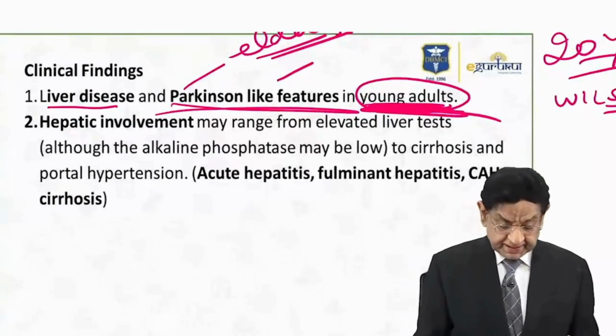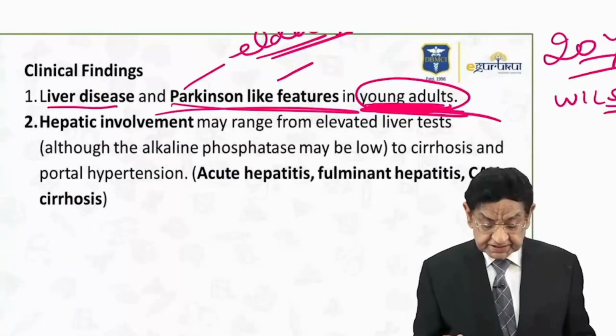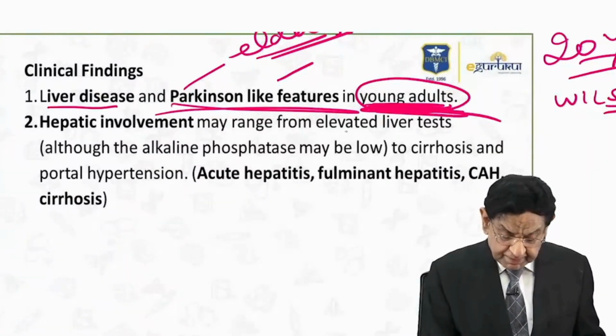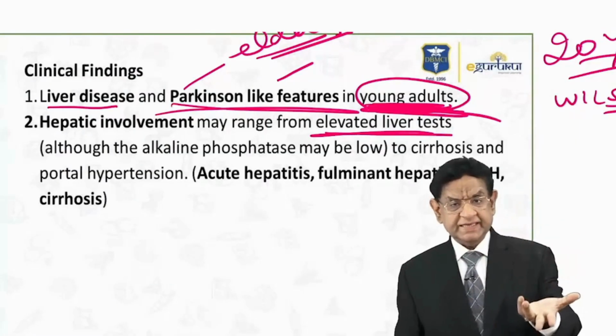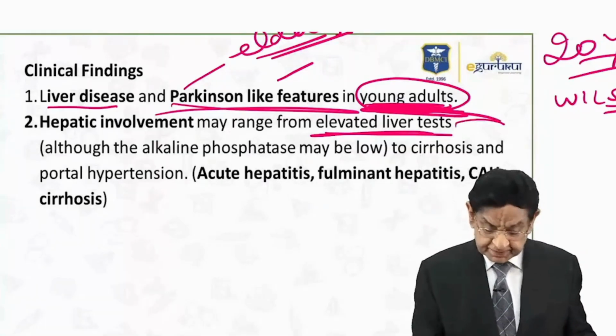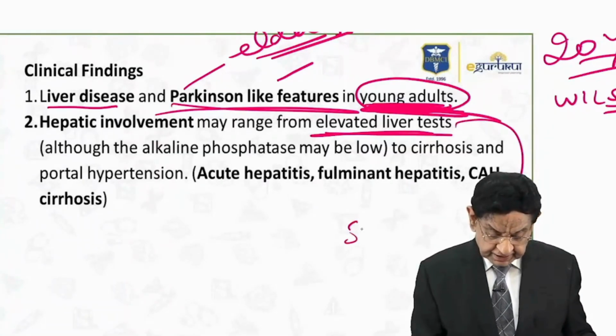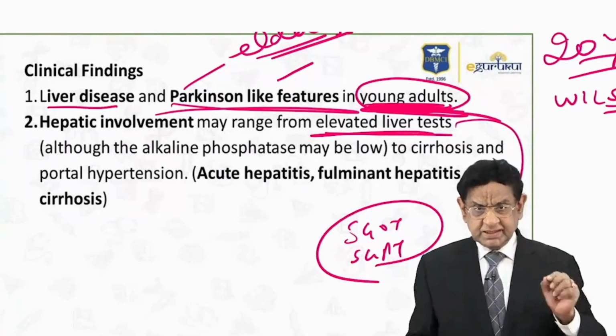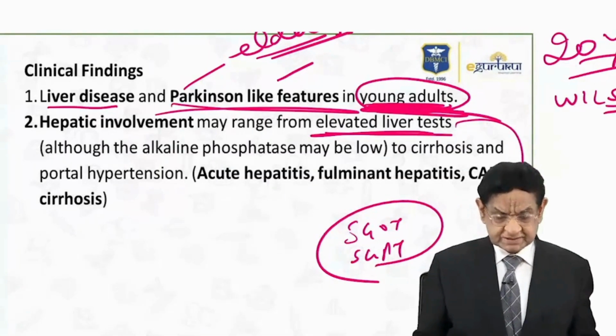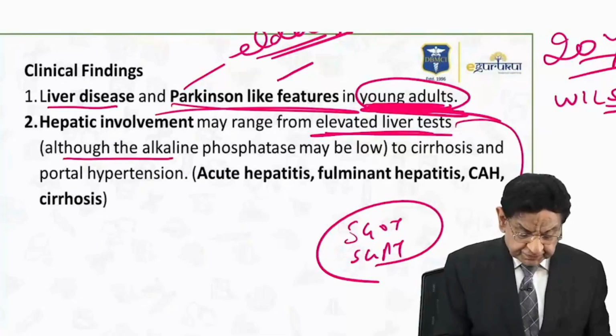In the liver, it can range from maybe a mild elevation of the enzymes, especially SGOT, SGPT. But the classical exam question in this: alkaline phosphatase is low.